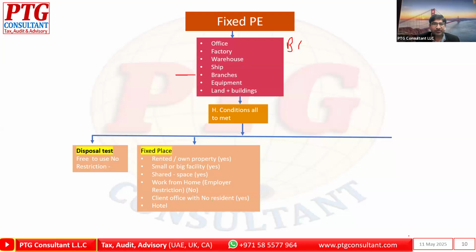We are saying the fixed place PE. Fixed place PE, office. The first is the office. So, like the office, what is the disposal test? Free to use. Like you can go to the office without any restriction. This is in your access. If it is in your access, then we are saying this meets the condition of the fixed place PE.